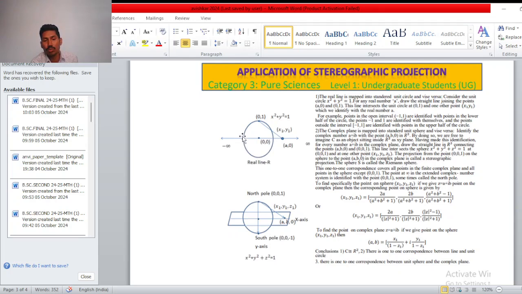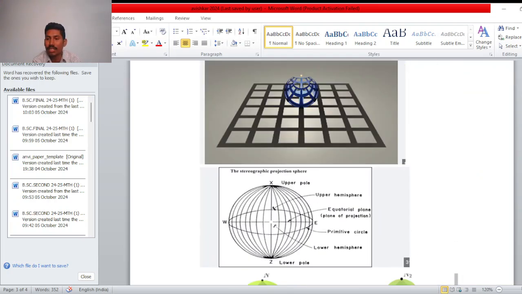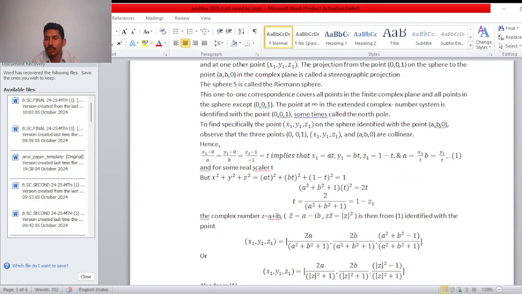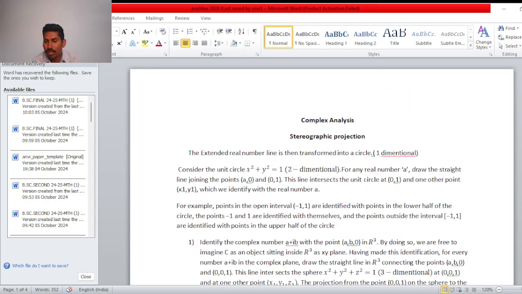The points less than minus 1 and the points greater than plus 1 go to the upper half of the circle. As you can see, the origin is mapped onto the south pole, that is 0 comma minus 1. So in this way we can transform an extended straight line into a standard unit circle.